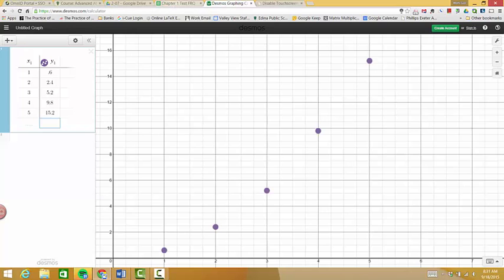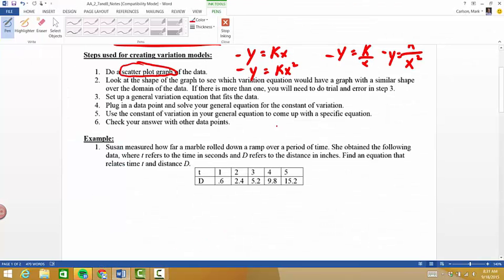If it's parabolic, I want to think about which of these graphs looks like a parabola, and we know the answer is this graph right here. So that was step 1 and step 2. Now we want to set up a general equation that models that.